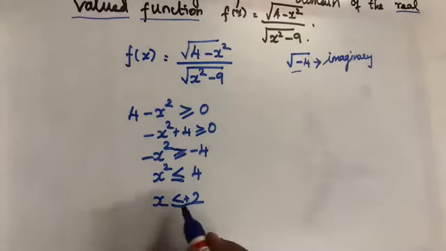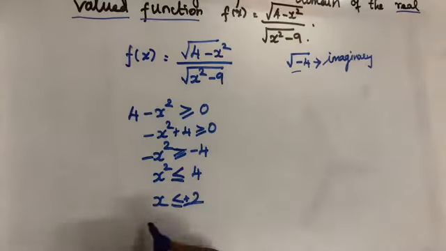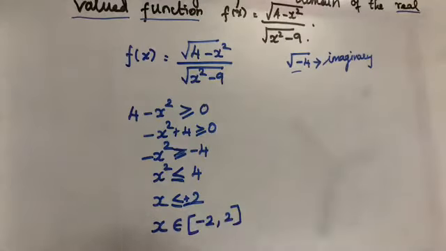So x is less than or equal to plus or minus 2 while taking square root. So x belongs to the closed interval minus 2 comma 2.